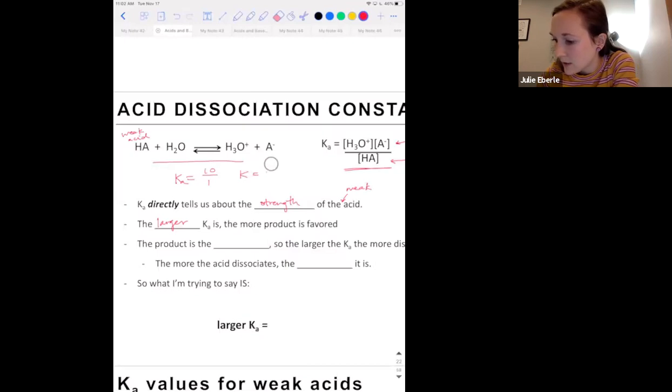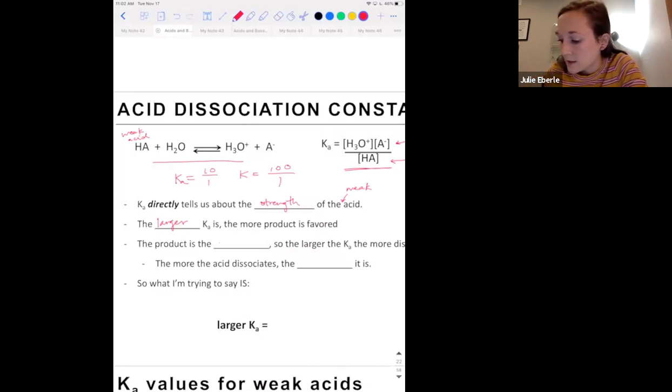We should say 100 divided by 1. The larger your products are, the larger that top number is, the larger Ka will be, right? 10 divided by 1 is going to give you a value of 10. 100 divided by 1 is going to give you a value of 100. So the more products you have, the larger your Ka value is.